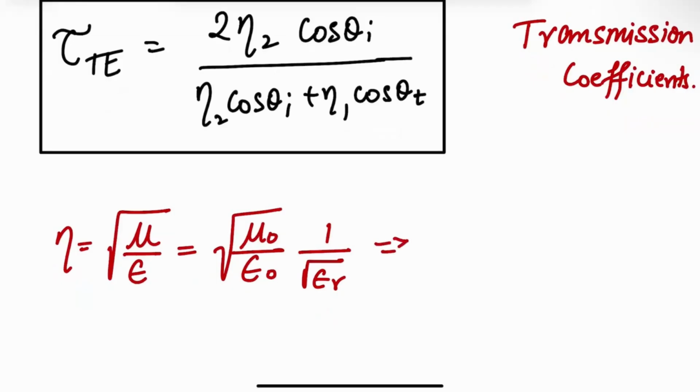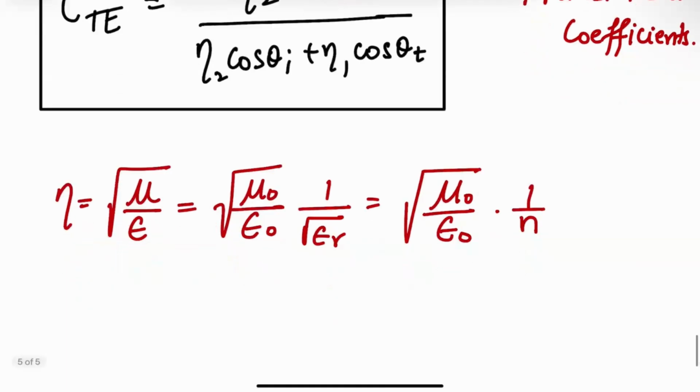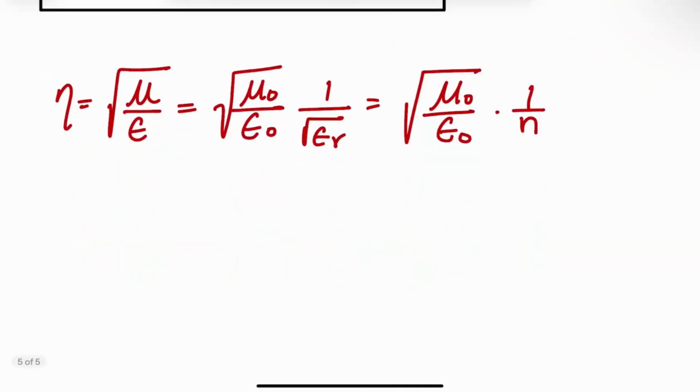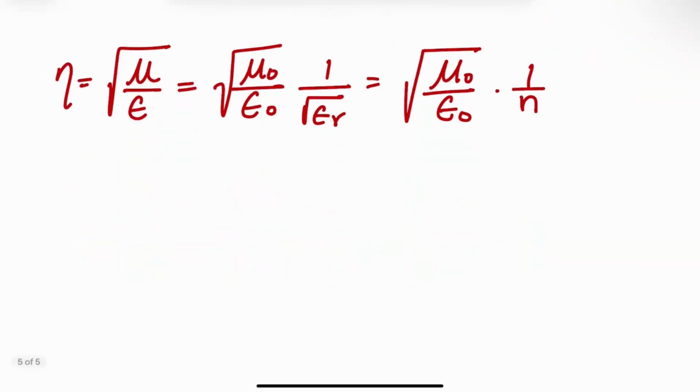I can write it as square root of mu naught over epsilon naught times 1 over n, because the square root of epsilon r is n. So that's the relationship between eta and n. And of course, n is also related to k. So this is for TE.